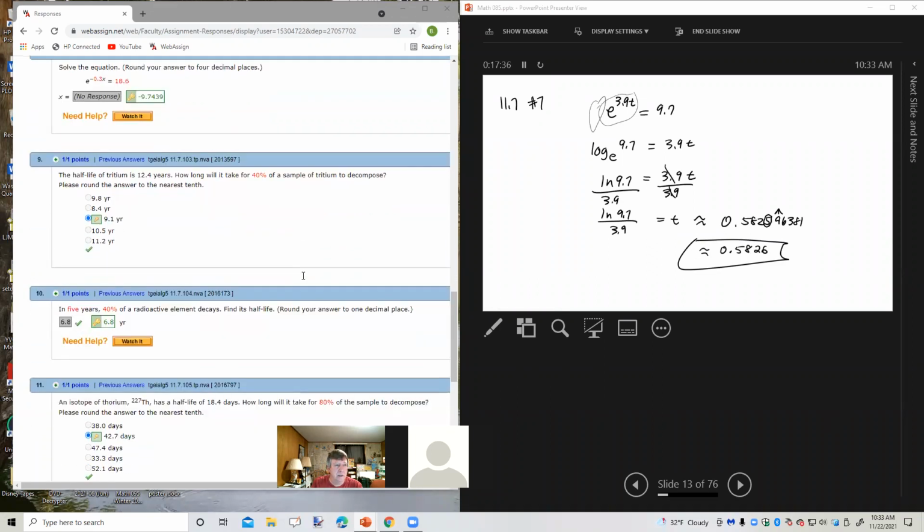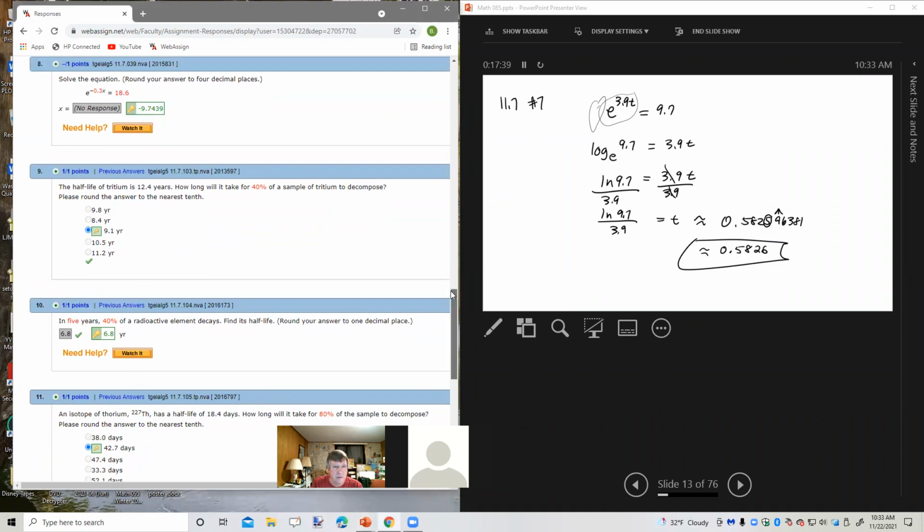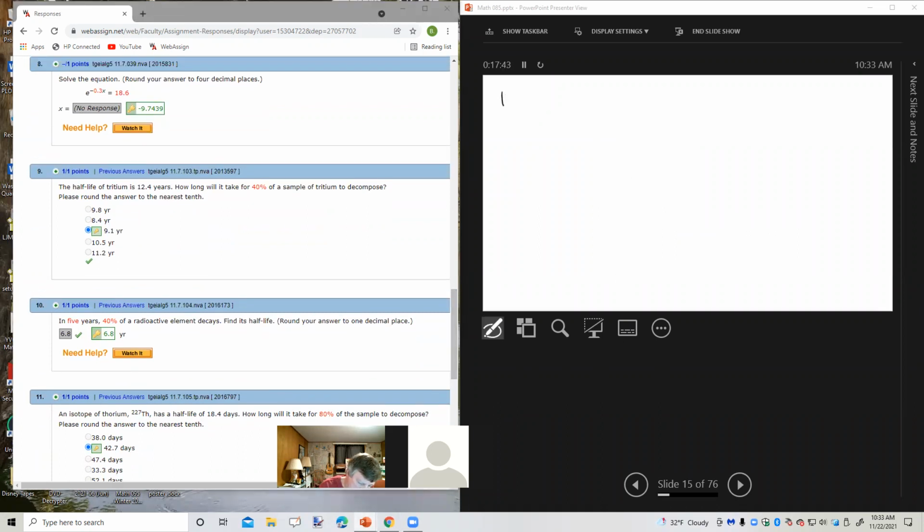Okay. Next up, again from 11.7, number 8, and it says, solve the equation, round your answer to 4 decimal places. E to the negative 0.3x power equals 18.6.